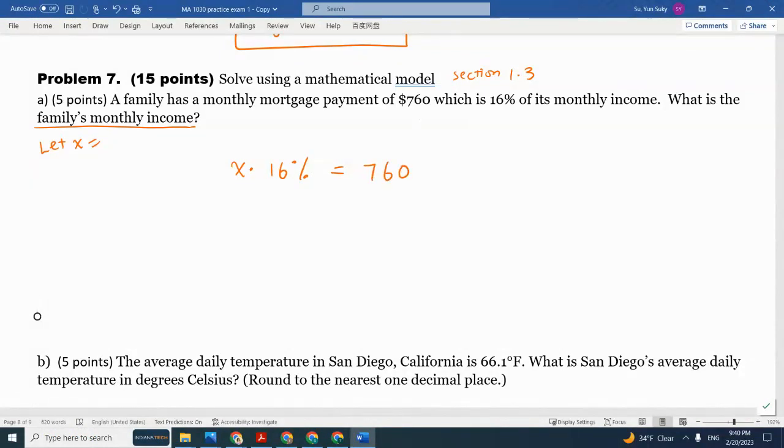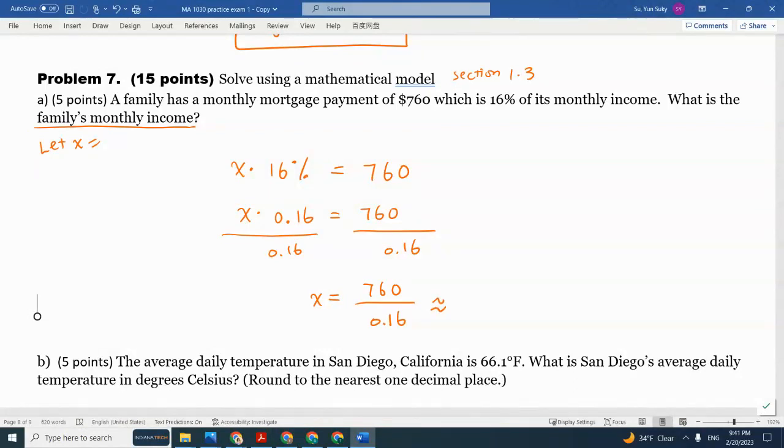This is what the first sentence tells us: the mortgage payment of $760 is 16% of the monthly income. 16% is the same as 0.16. Solve for x, both sides divided by 0.16. So x equals 760 over 0.16.